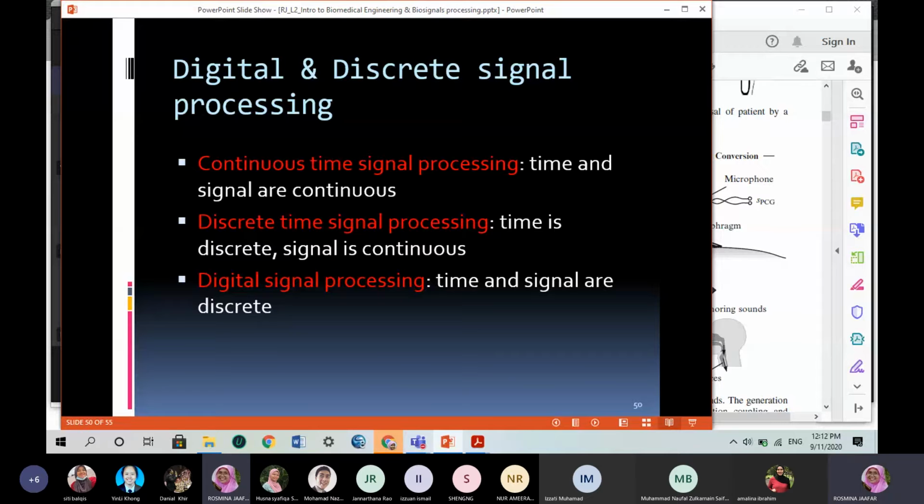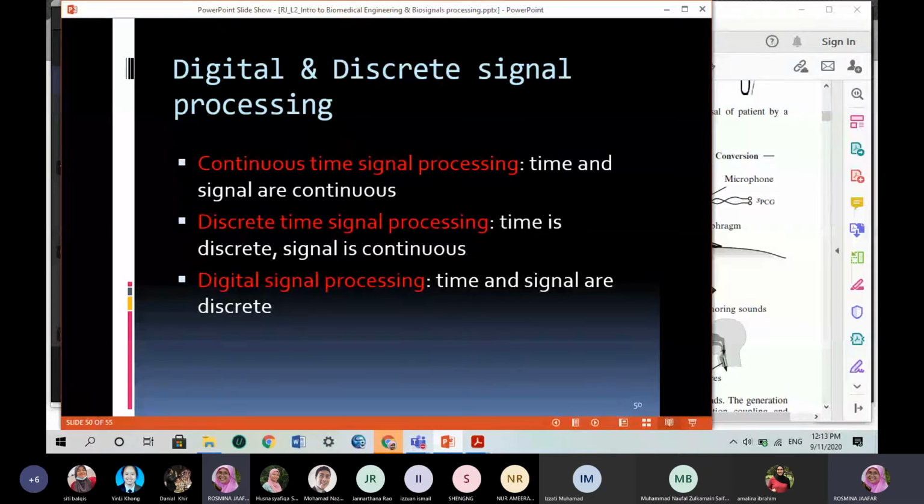So there are three areas: purely continuous signals, where both the time and the signals are continuous. But for discrete time signal processing, the time is discrete, despite that the signal is still continuous.